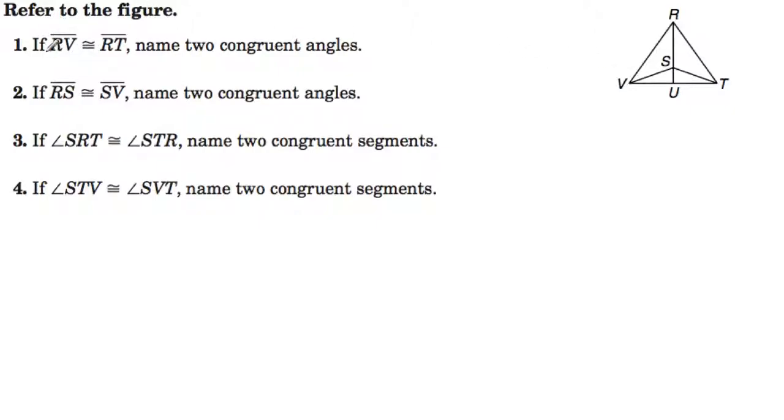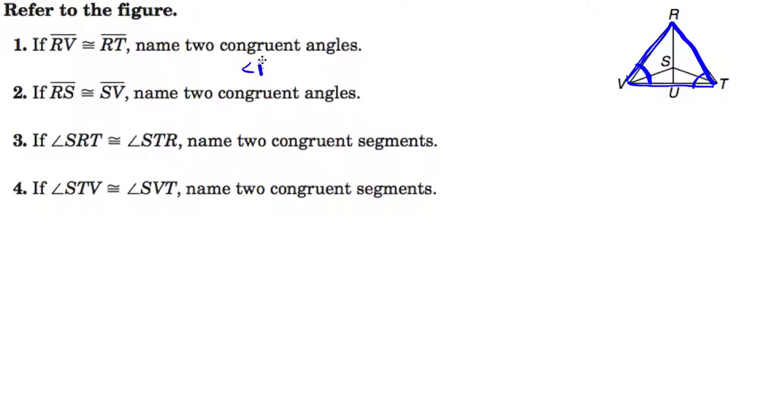These are non-proof examples. We have a nice little picture off to the side, and it says that if segment RV is congruent to segment RT, then I should be able to name two congruent angles. So RV is here, and RT is here. Well, that actually makes this big triangle, RTV. So if these two sides are congruent, then these must be the congruent angles.